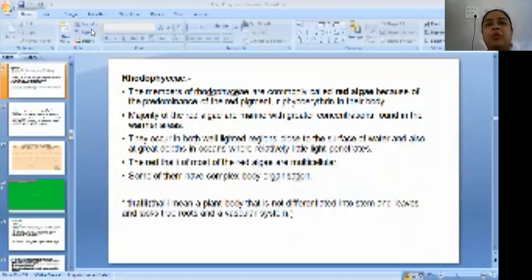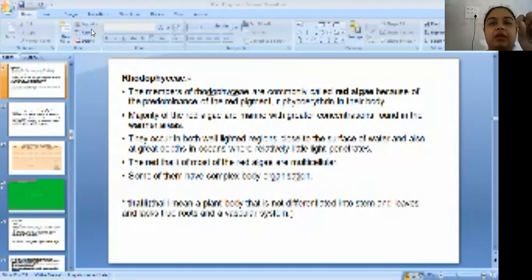Okay. What is red thallus? We have discussed. What is red thallus? Actually, they are pronouncing it as thali. Leaf like structure. Thallus like structure. Yes. Okay. देखिए मैंने नीचे भी लिखा है.